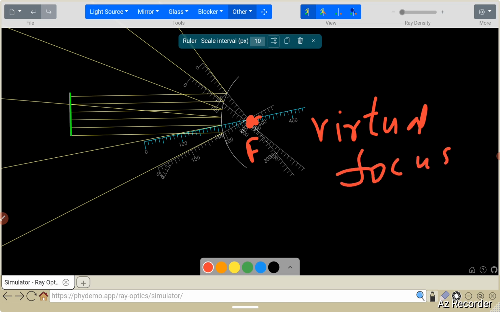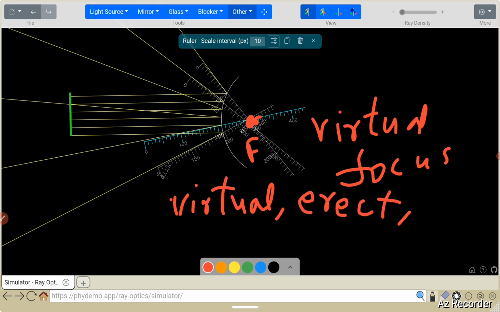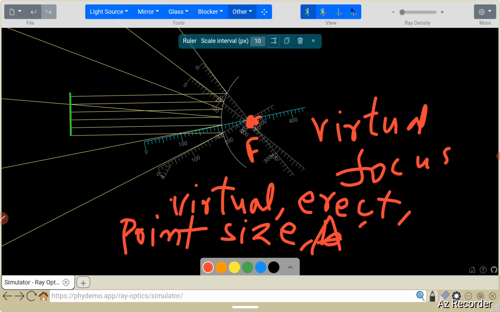Here you will have image formed. Focus is a small point. So here what type of image will be formed? Virtual erect. Because virtual focus, virtual erect image will be formed and it will be point size only. Understood? And where is it formed? At focus, when the object is at infinity.